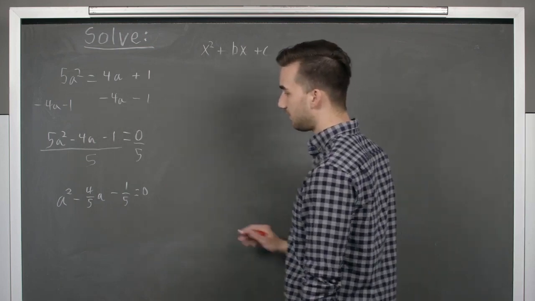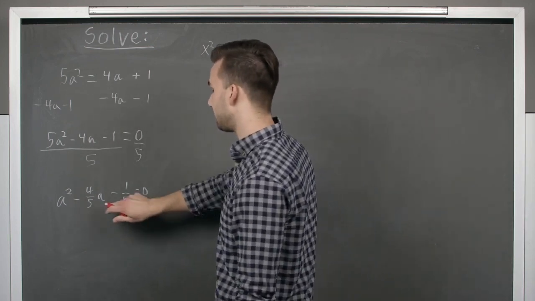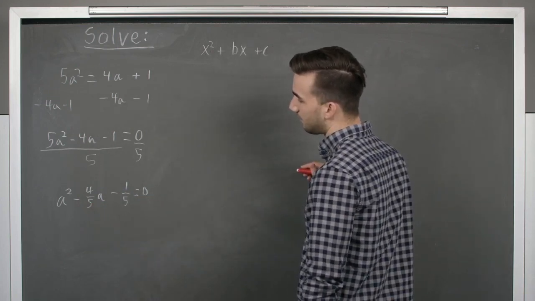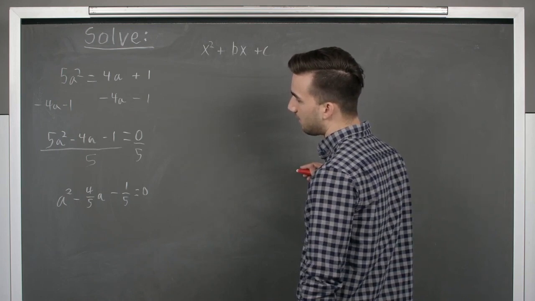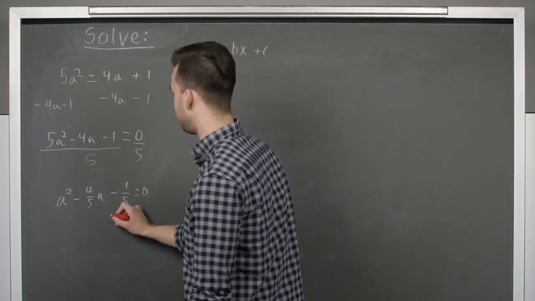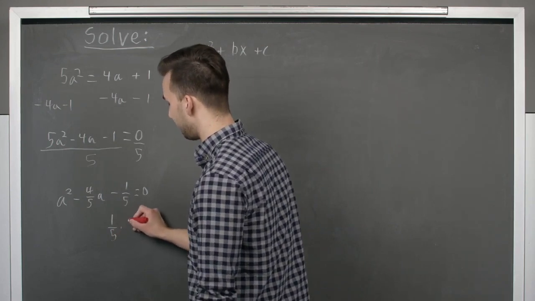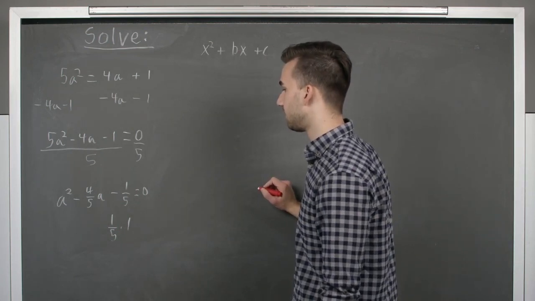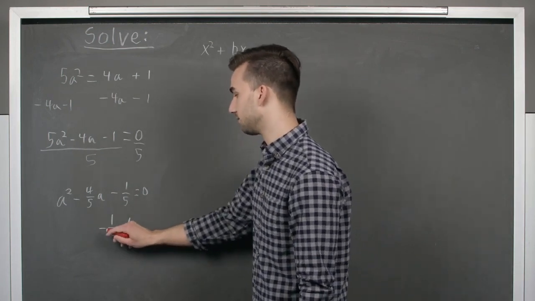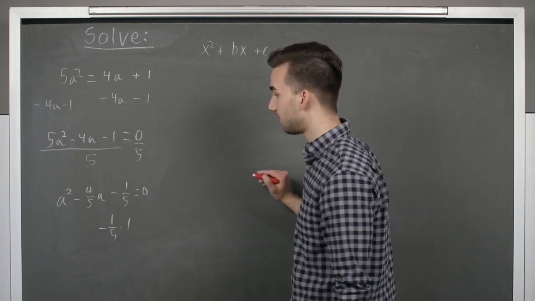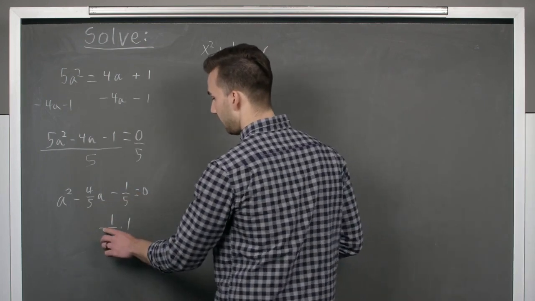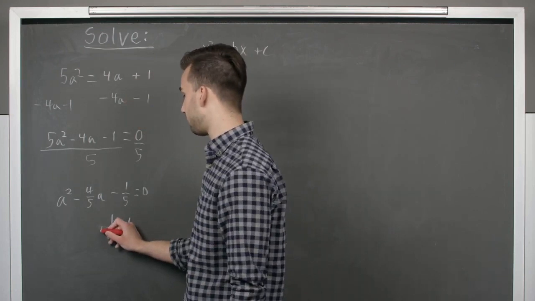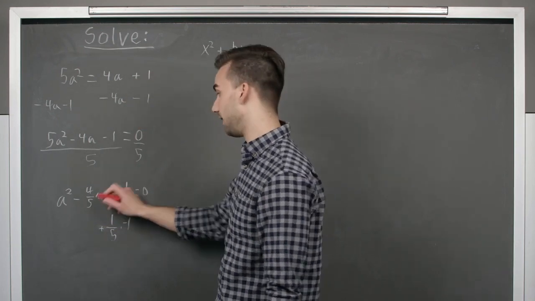Let's find factors of 1 over 5 that will get us 4 over 5. So if we have 1 over 5 and 1, we could do 1 minus 1 over 5, and that would give us 4/5. So if we did a negative 1 and a positive 1 over 5, that would give us negative 4 over 5.